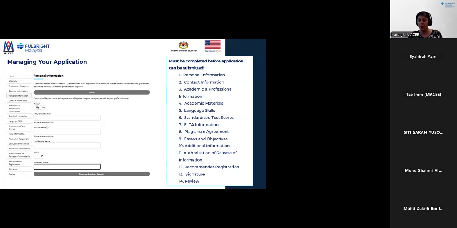Now, when we say a complete set, what we want to see is that for all the qualifications that you're submitting, you give us the academic transcript together with the certificate and not either one. Okay, all right. So when you are uploading, just ensure that you're giving us both these documents. Otherwise, your application will be considered incomplete.